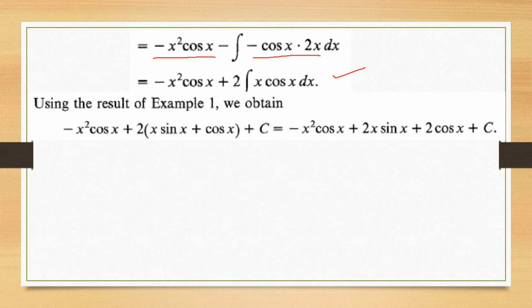Now using the result of example 1, which we have solved in the first part, we can write this solution, which is evaluated by integrating by parts, and finally this is the answer of part B.